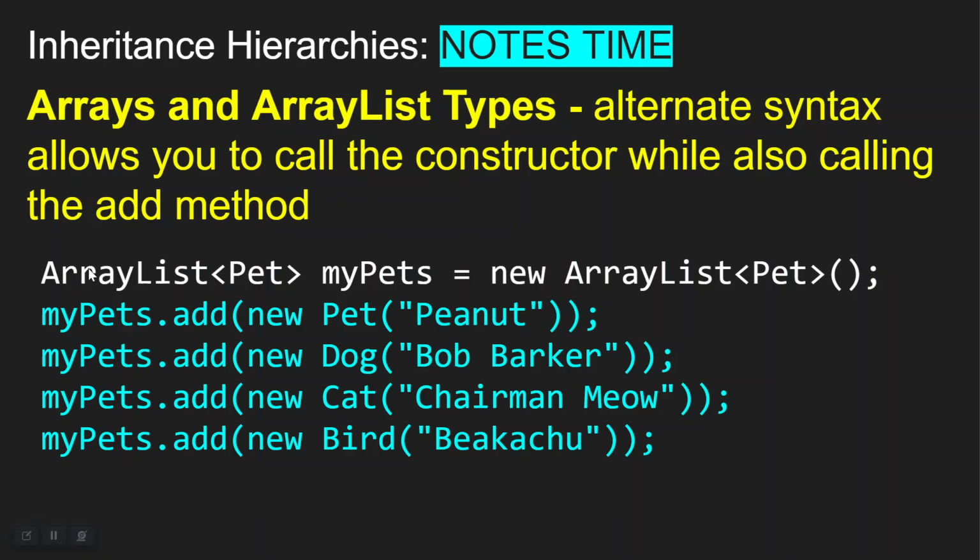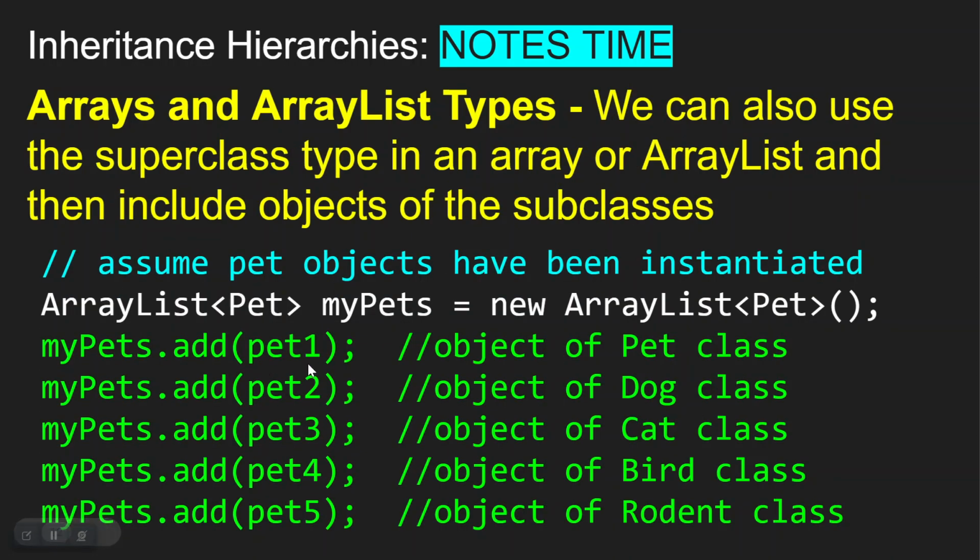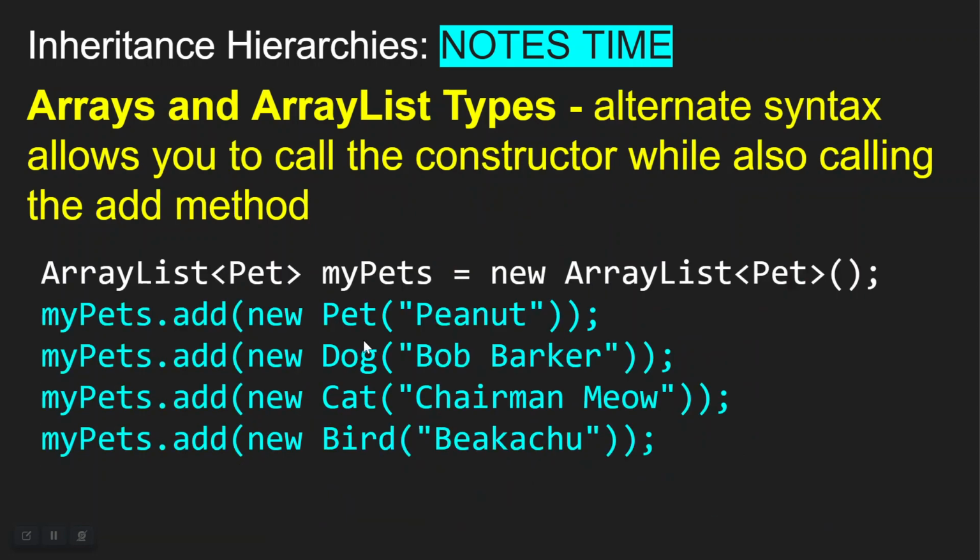So if I've got the ArrayList of Pet objects called myPets, and then I do myPets.add, instead of adding pet1, which means I've already instantiated pet1 up here with Pet myPet equals new Pet and whatever info, you can shorten things a little bit and just call the constructor in here. That will also compile, and that will also work. Those will create a new Pet object and store it in there, create a new Dog object and store it in there, a new Cat object and a new Bird object, and those will all get stored in myPets.